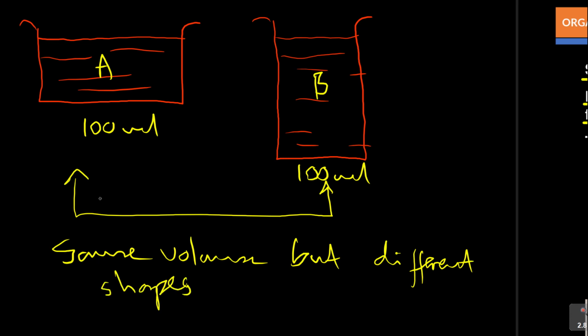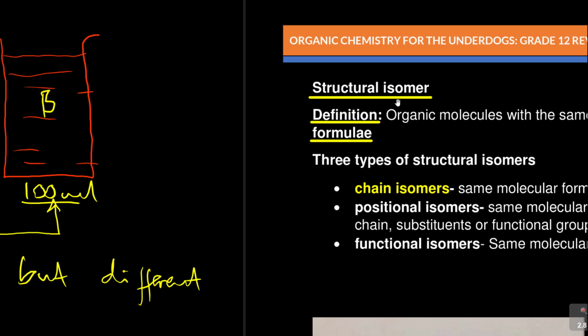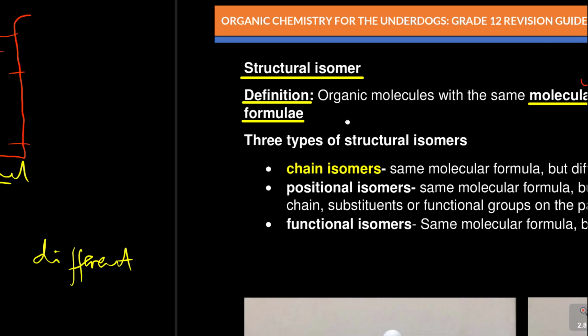Do you understand this simple concept? The volume is the same, 100 mils, but the shapes are different. So that is what we mean when we're talking about an isomer. We said an isomer is a compound with the same molecular formula.